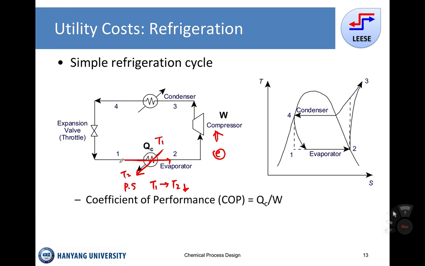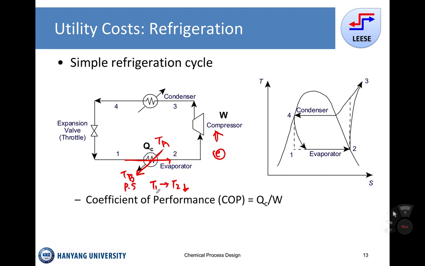Then the liquid is evaporated, and from the evaporation, the process stream temperature dropped down from T1 to T2, okay? Sorry, it might be better to take A and B, not to confuse it with 1 and 2.